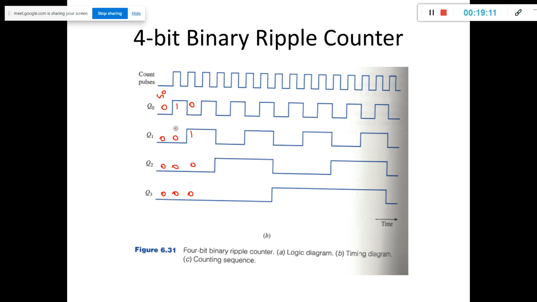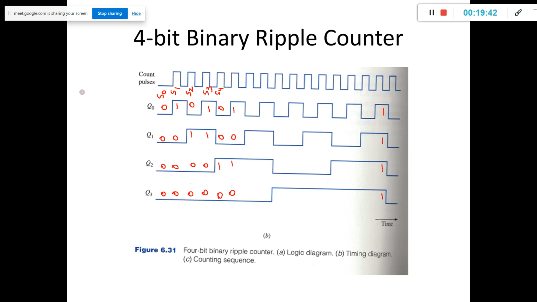Next 0001, state 1. 0010, state 2. Next 0011, state 3. Next 0100, state 4. Isn't it? 0101. Similarly up till 1111.